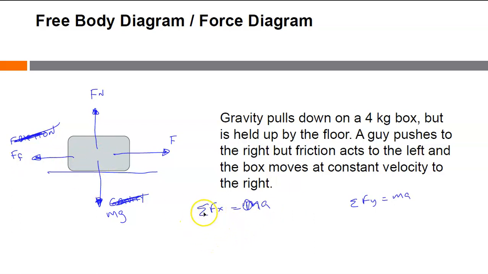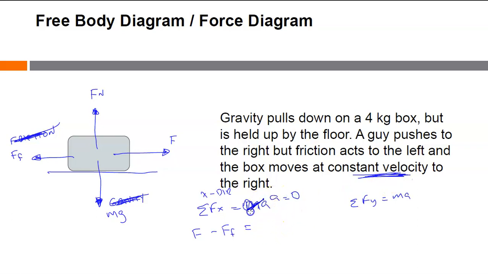And I could say, well, in the x direction, I got this guy, F. It's to the right, let's call it positive. I've got the friction. That's acting to the left, so negative, positive to the right, negative to the left. It's equal to mass times acceleration. Right here it says this one's constant velocity. When I have constant velocity, my acceleration is 0.